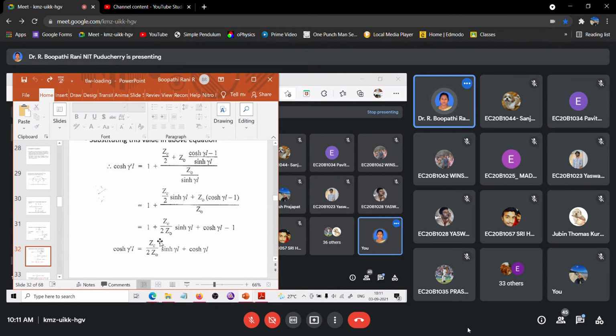Zc is the coil, that is the loading coil impedance. Z0 is the characteristic impedance of the line. ν' is the propagation constant of the loaded line. So using this, we are able to get the relation between the propagation constant of the loaded line and the propagation constant of the unloaded line, the coil impedance, and Z0.